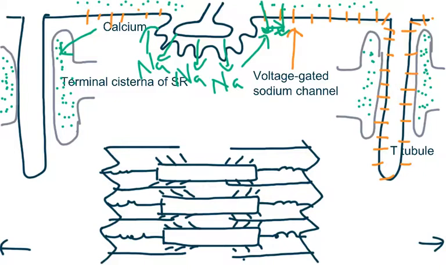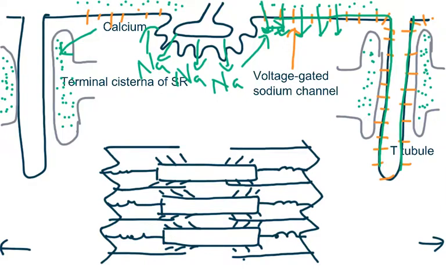Sorry, I'm having a hard time drawing this here. So the sodium comes in, opens the next one, sodium comes in. So pretty soon you have the sodium coming in all the way down the sarcolemma, down the T-tubules as well. So sodium now has successively opened each voltage-gated sodium channel.